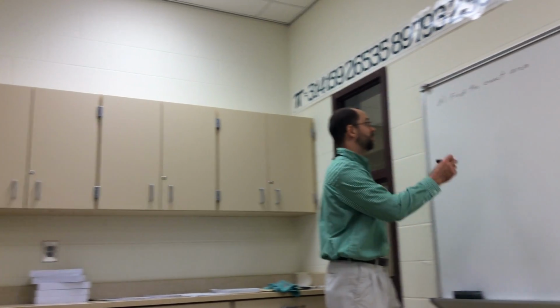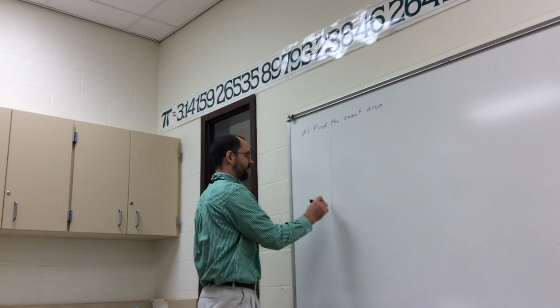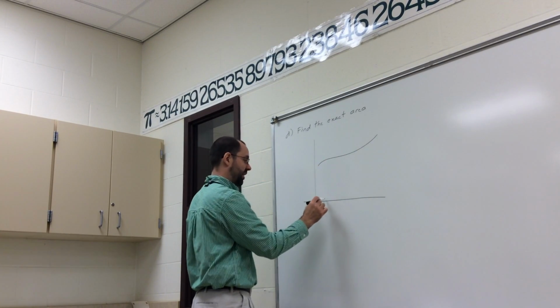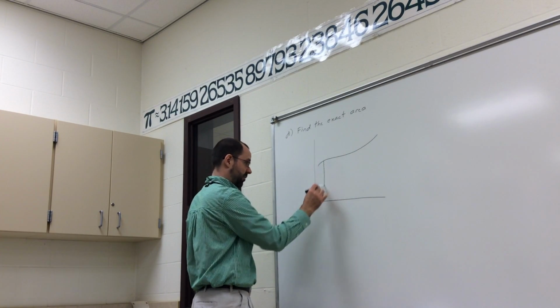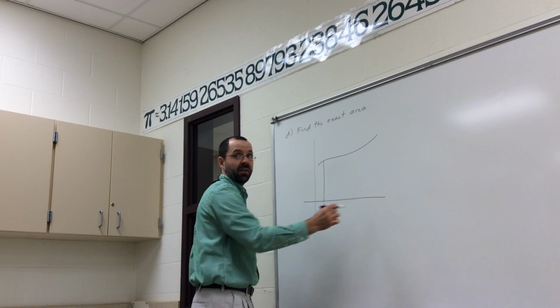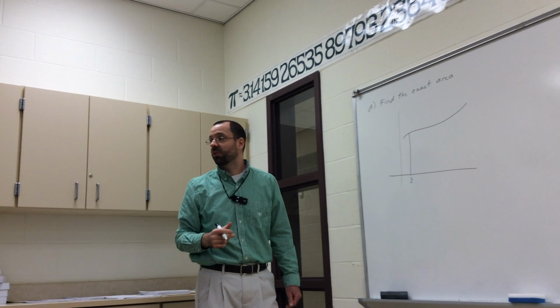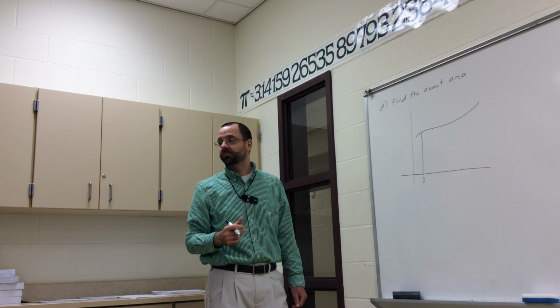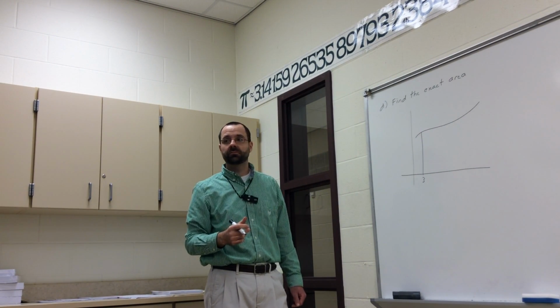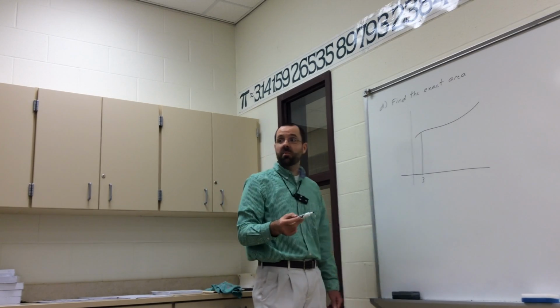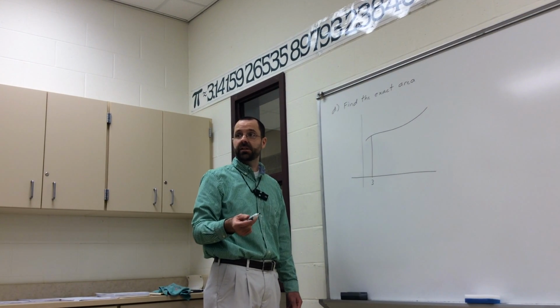Okay, so what we need to do is come up with a formula for finding the area from 3 down to 7 using any number of rectangles. So n represents the number of rectangles, right?